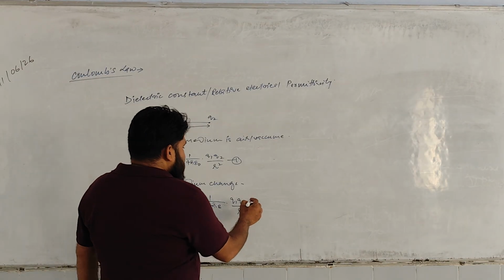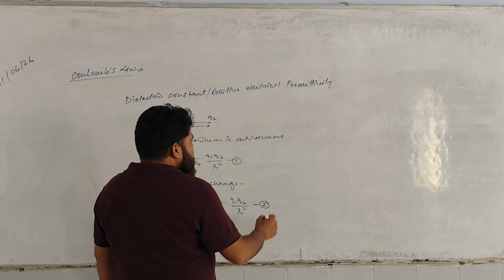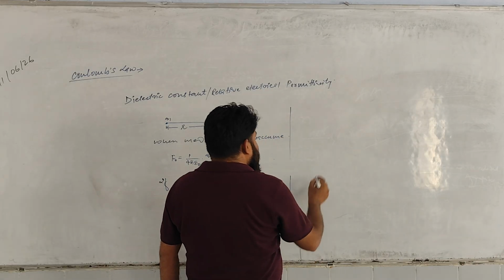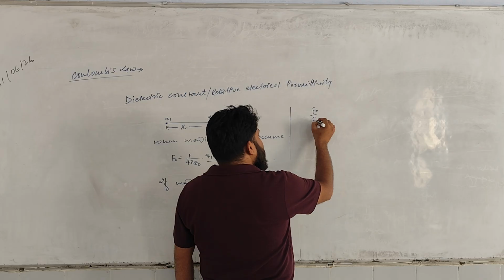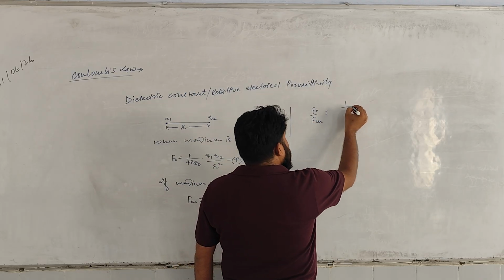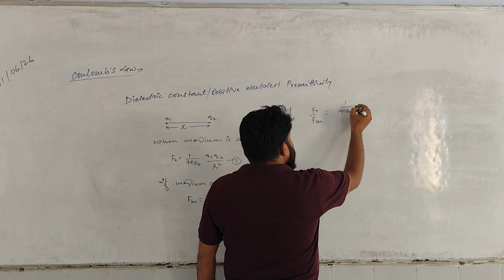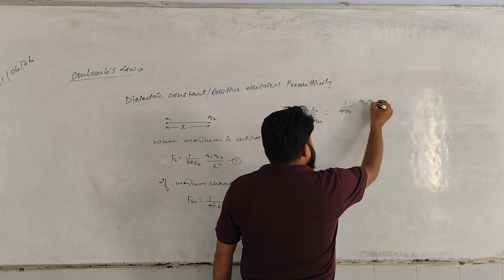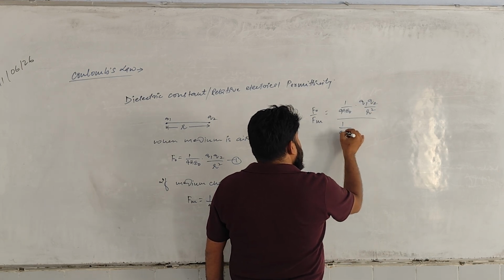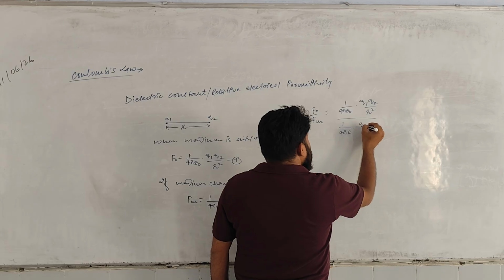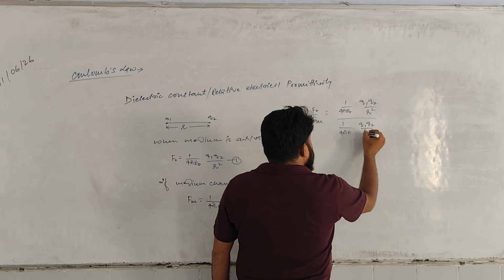So when we divide equation 1 by equation 2, we get F naught over Fm is equal to 1 over 4 pi epsilon naught Q1 Q2 over r square divided by 1 upon 4 pi epsilon Q1 Q2 over r square.